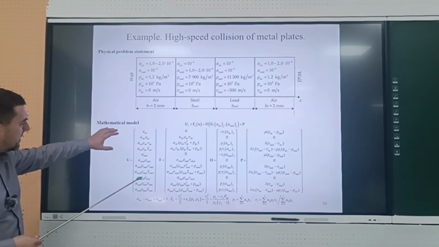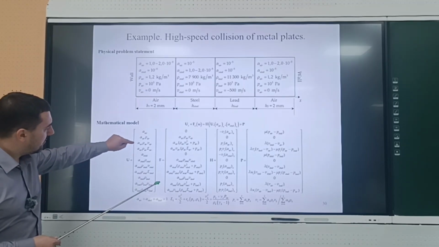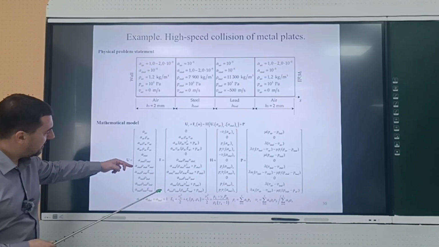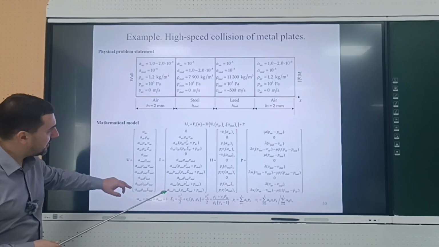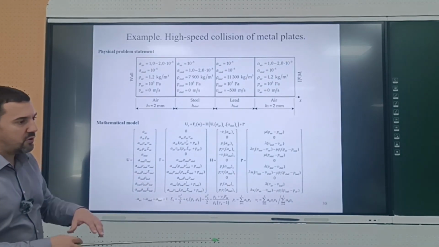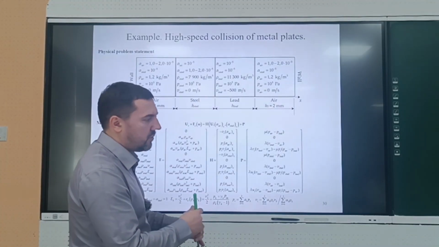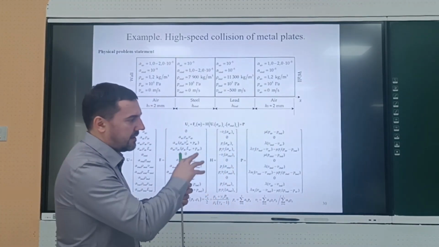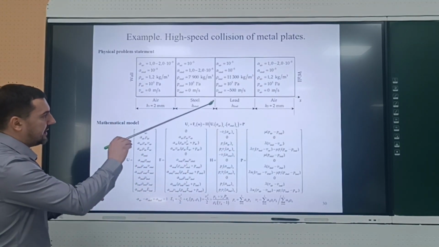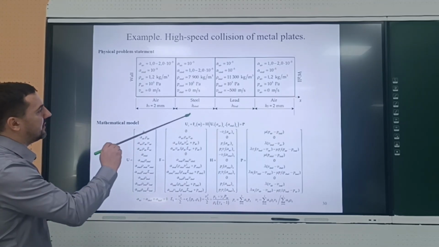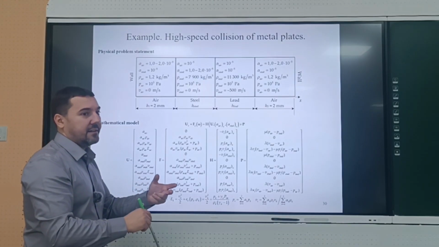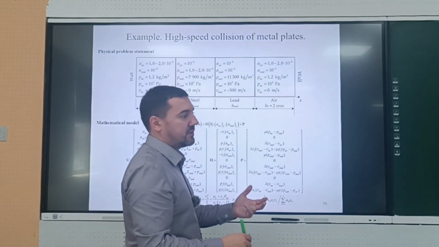This model comprises mass, momentum, and energy equations for air, mass, momentum, and energy equations for steel, mass, momentum, and energy equations for lead, and you also need to add some more equations because alpha is the volume fraction of material. In this model, we assume that each volume contains all materials simultaneously. So each volume contains steel, lead, and air. But if you have pure steel, it means that you have a very, very small amount of air. It's more of a numerical trick, not physical.